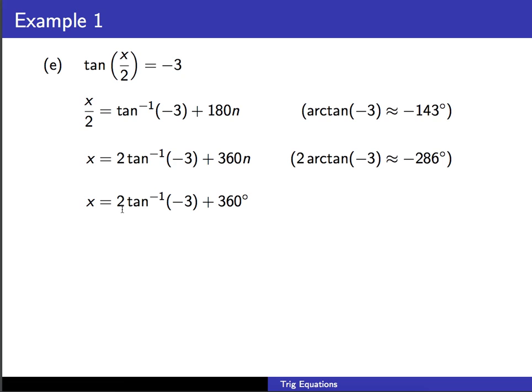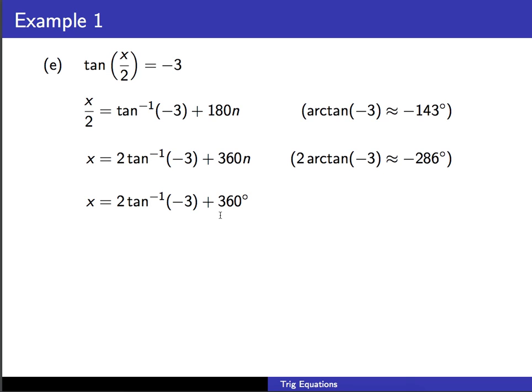Taking 2 times the inverse tangent of negative 3 and adding 360, we get approximately 74 degrees, which is between 0 and 360. If we add another 360 to that, we're outside of that interval.